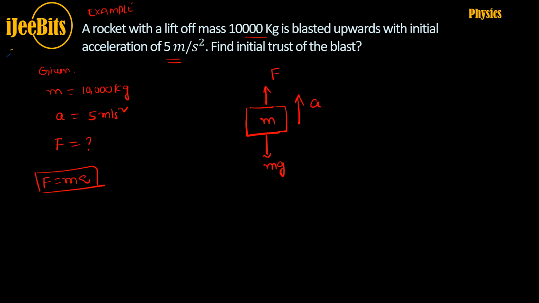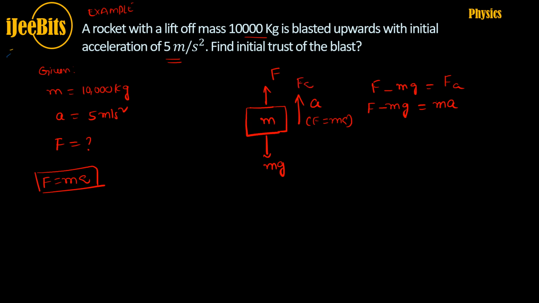So how do you solve this problem? You have to put down an equation. Using Newton's second law, how do you get the net force? Net force is F minus mg, which would be your ma, correct? Because this is where F equals ma comes in. So F minus mg equals ma.